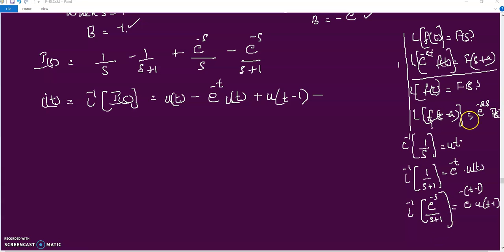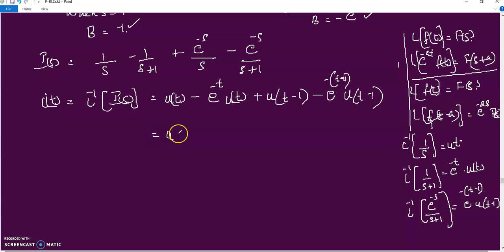So we have f(t minus a). That is, you have to apply it for t alone: e raised to minus (t minus 1) into u(t minus 1).